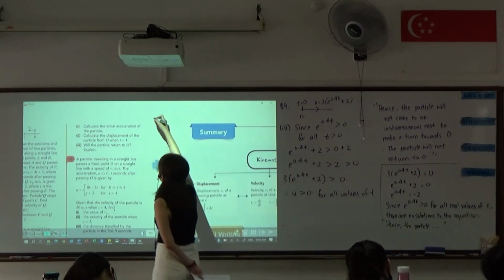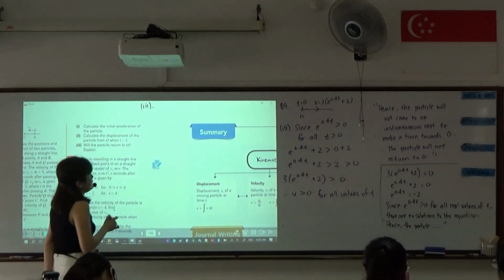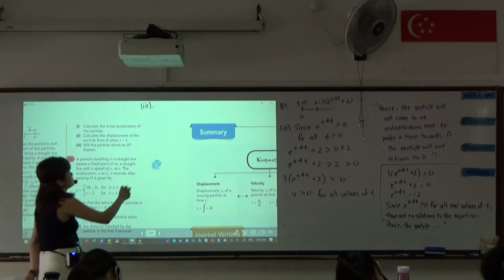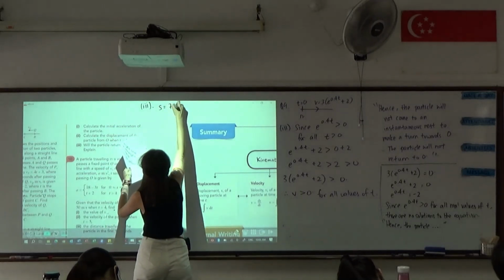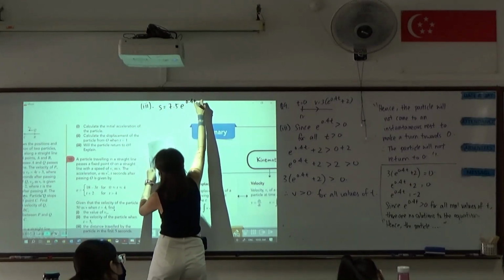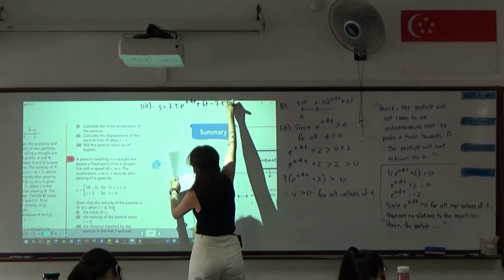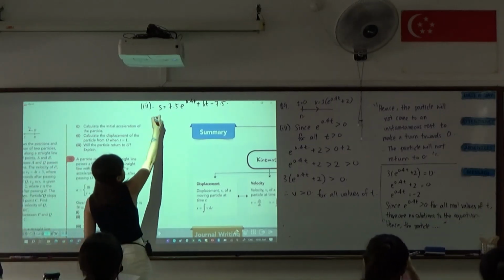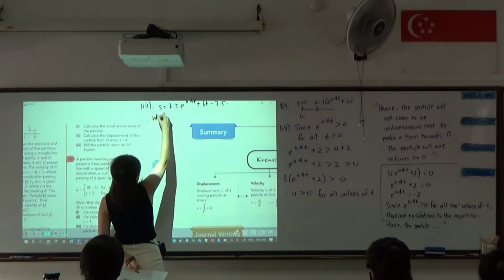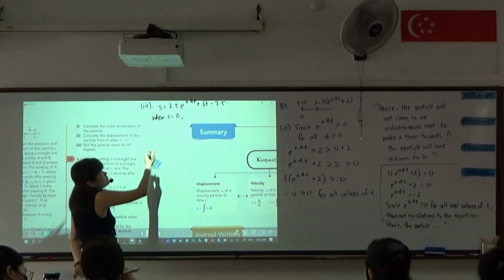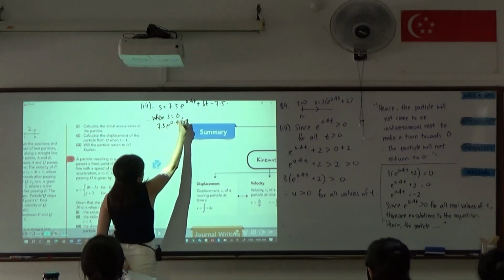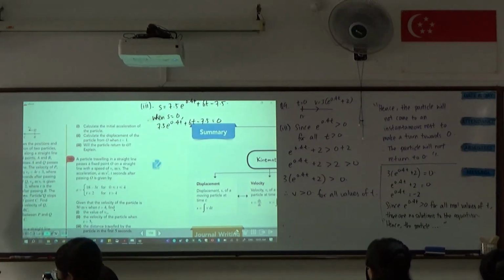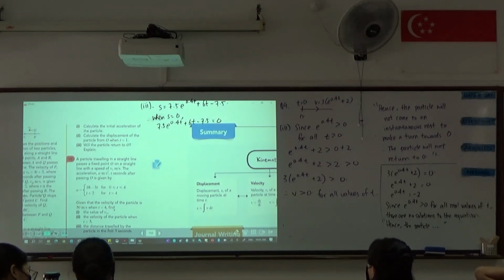If you are trying to think about it as the particle returning to O, that means your s equals 0. We have found that s equals this, and if you try to solve when s equals 0 and see whether there's any t value or not, it is impossible to go in any direction, because we do not have the skills to solve such an equation.